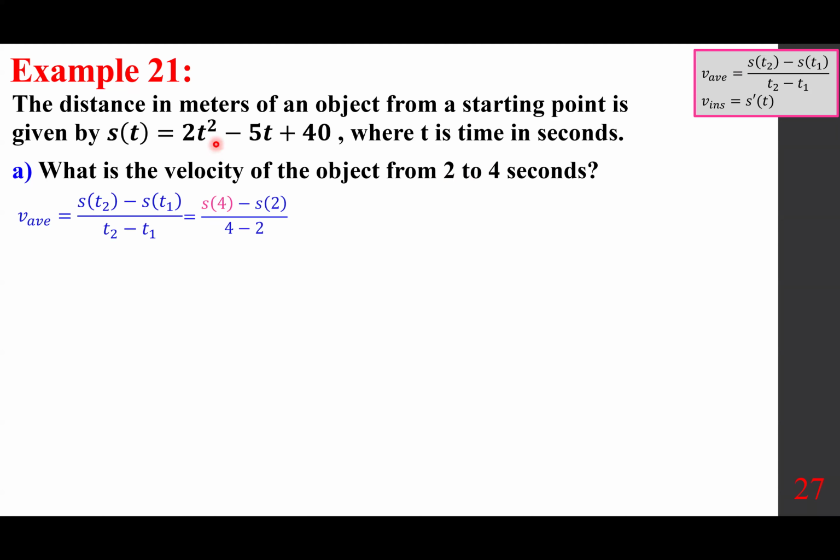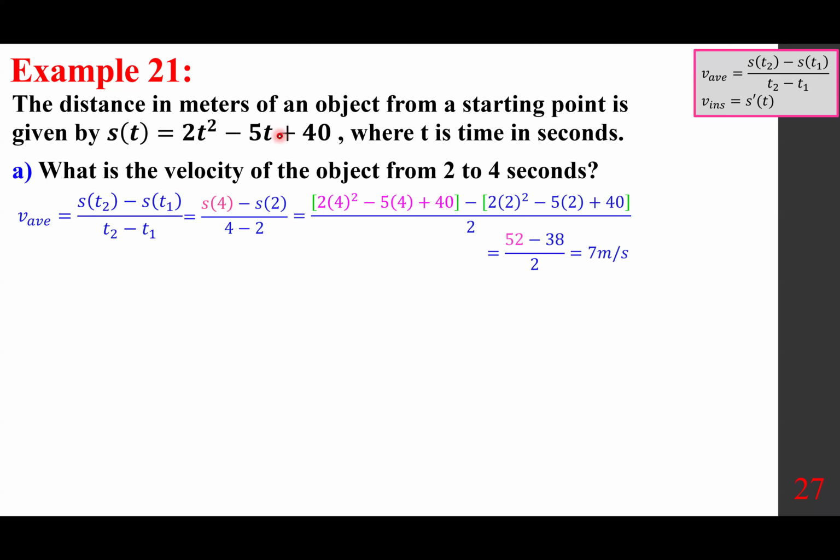S of 4: 2 times 4 squared minus 5 times 4 plus 4, then minus s of 2: 2 times 2 squared minus 5 times 2 plus 4. The bottom is 4 minus 2, or 2. Simplify, and you get 7 meters per second, the units of the numerator over the units of the denominator.